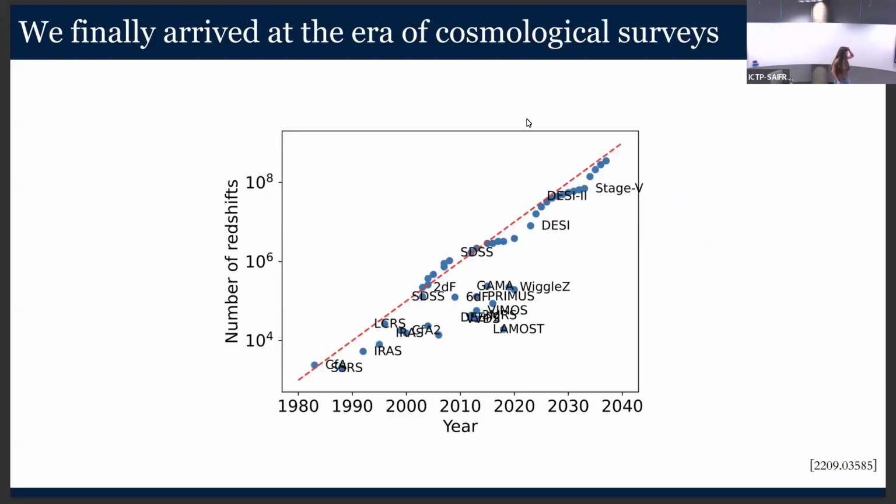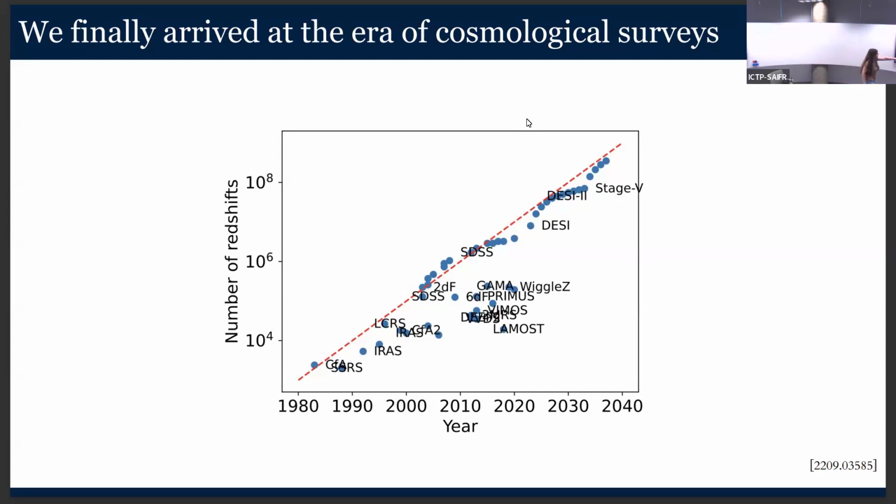And why am I telling you this? Because we are finally in the era of the cosmological surveys. So here is just a sketch of the development of cosmological surveys that we have had. In particular, we are here. DESI is already operating.